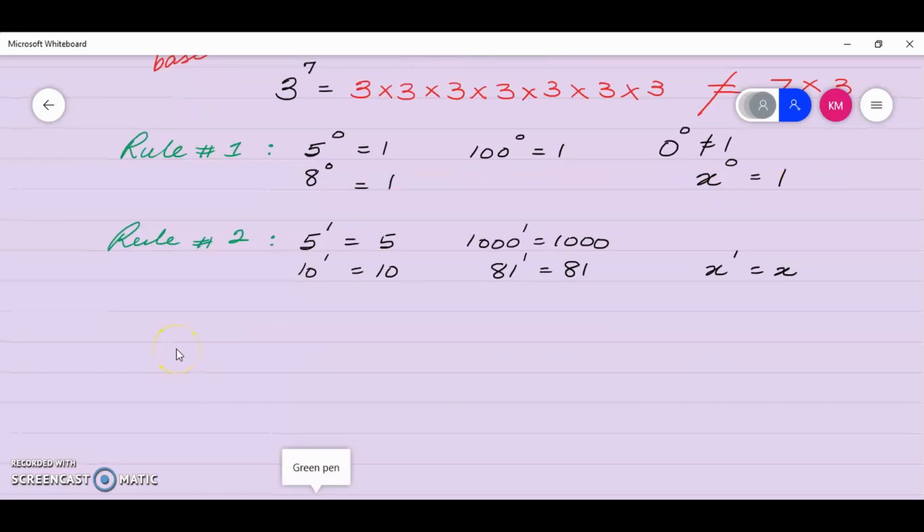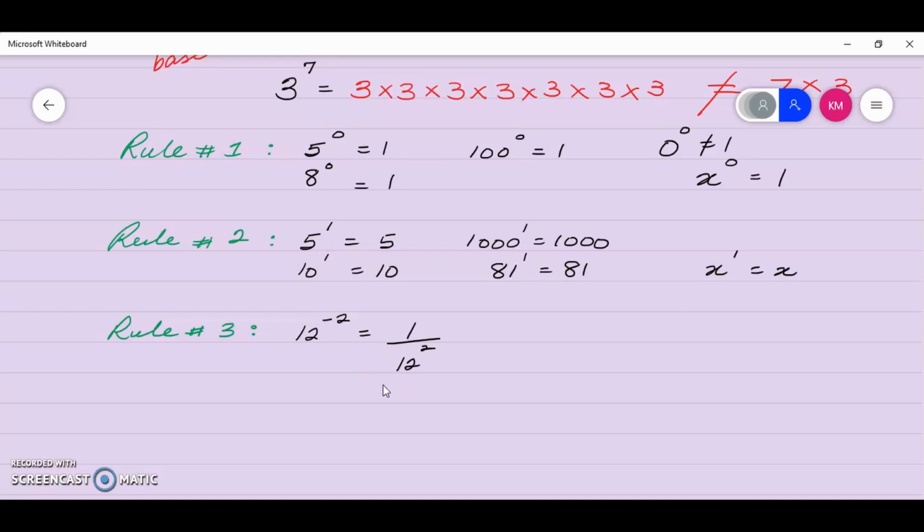Okay, so our rule number 3 is going to be where we have a negative number for our power. So for example, let's say 12 is raised to a power of negative 2. Now this is simply 1 over 12 to the power 2.